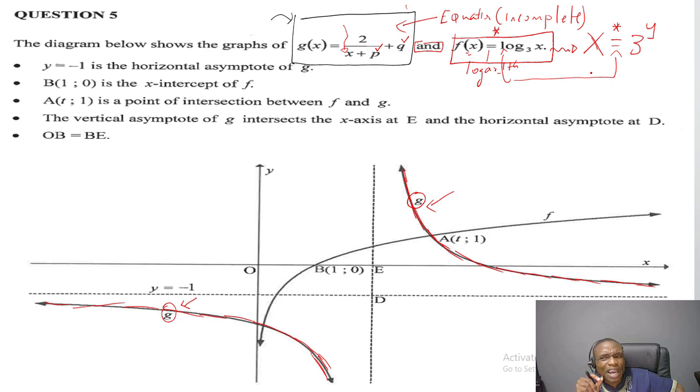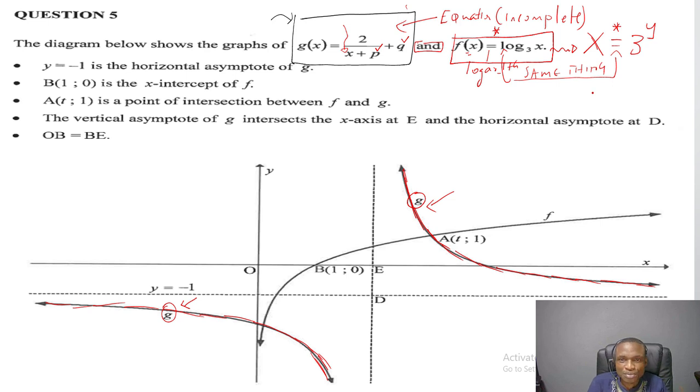I'm not saying f of x equals log x base 3, if inverse, is x equals 3 to the exponent y. No. This is not the inverse of this f of x. It's actually the same thing written differently.